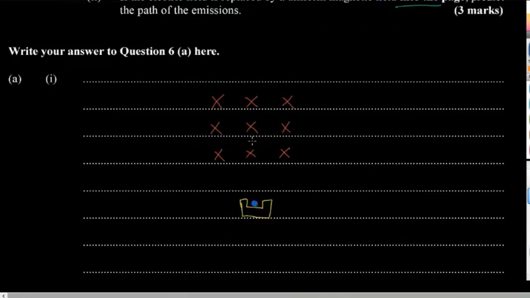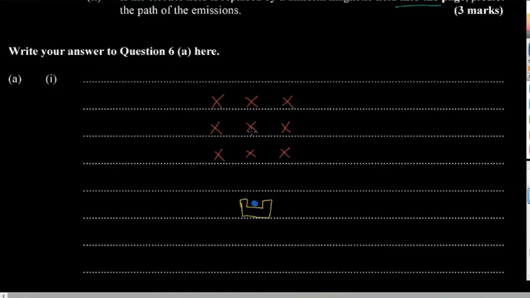So we have this uniform magnetic field, and we're going to have the 3 radioactive emissions going up like this. And again, remember, the magnetic field is going into the page.